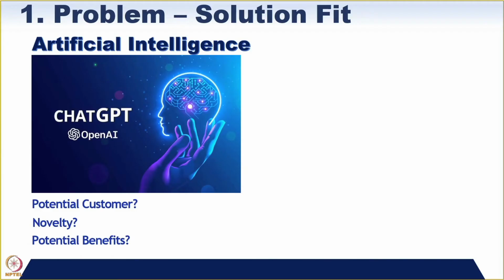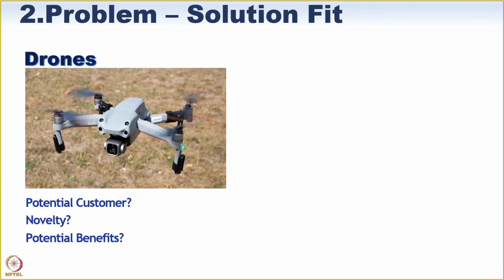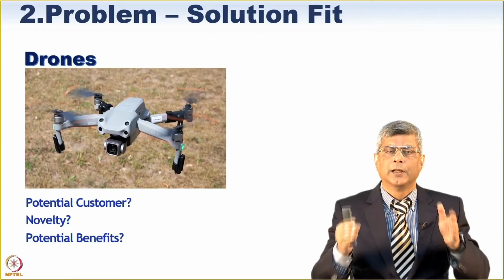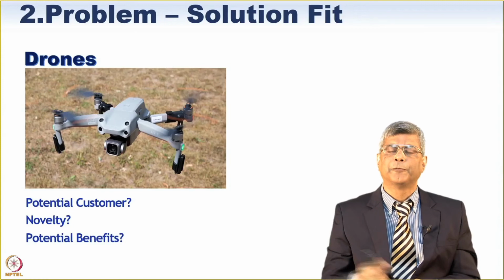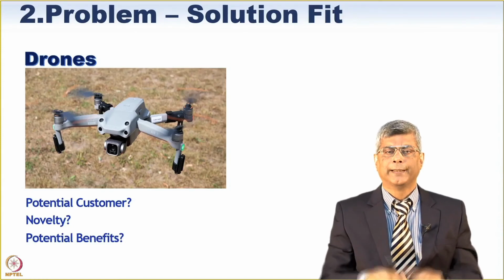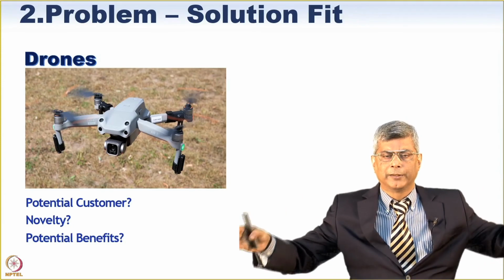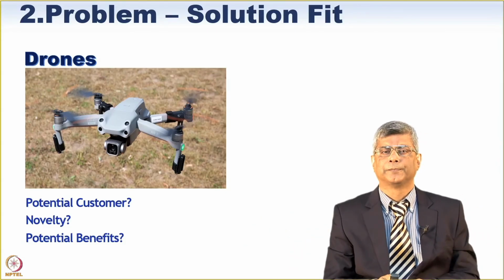Example number two that I want you to think about are drones. Drones are small, unmanned flying objects. They fly without a pilot, and they can be this big or this big or this big, and they can carry things with them.